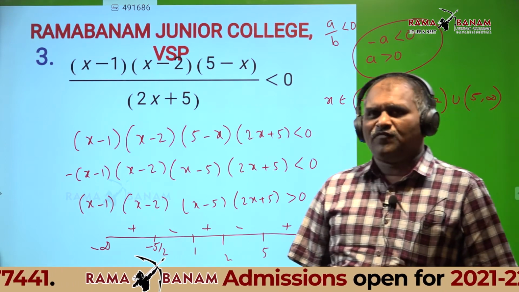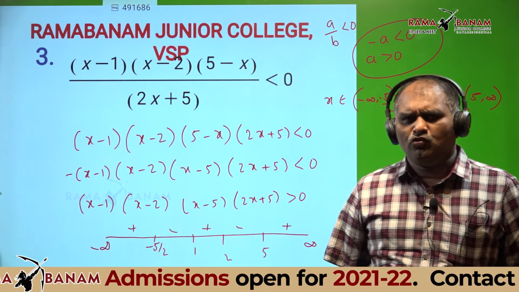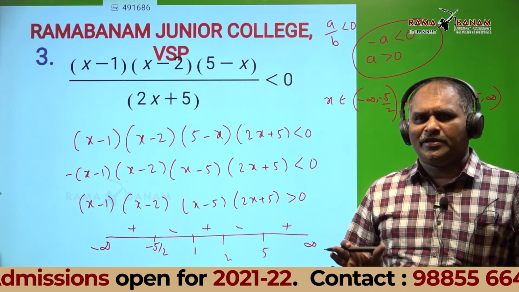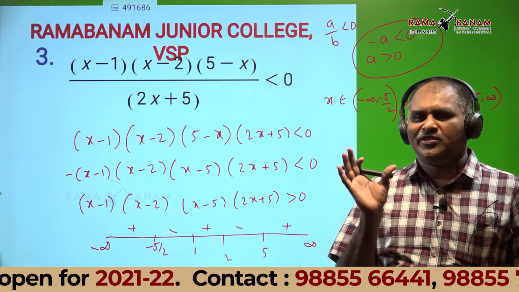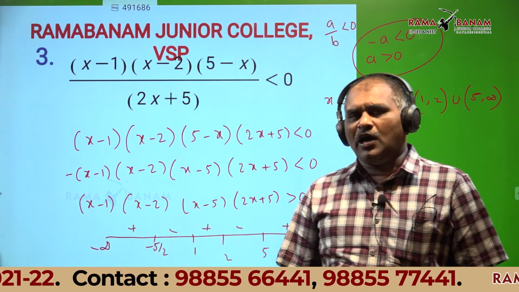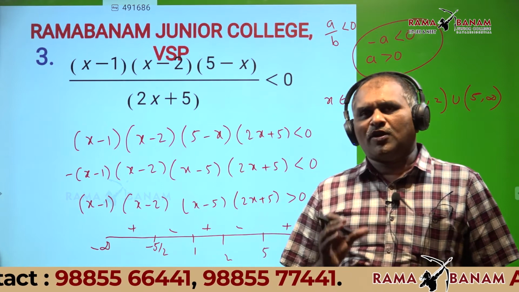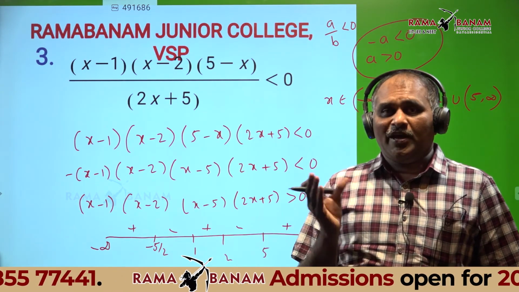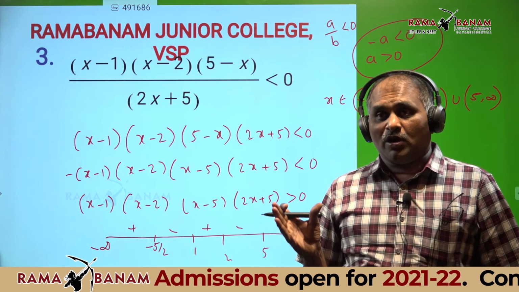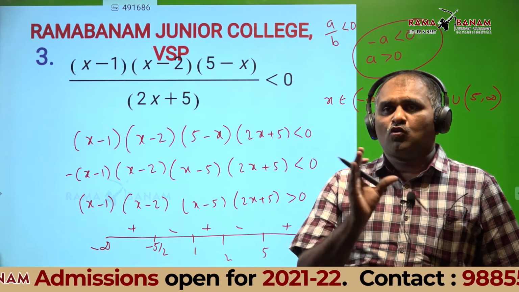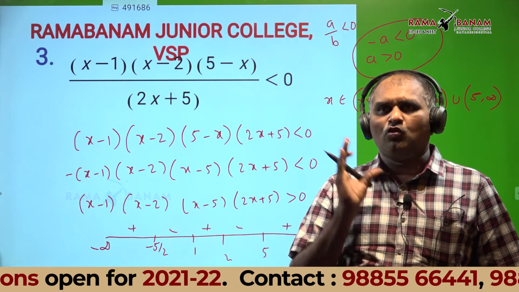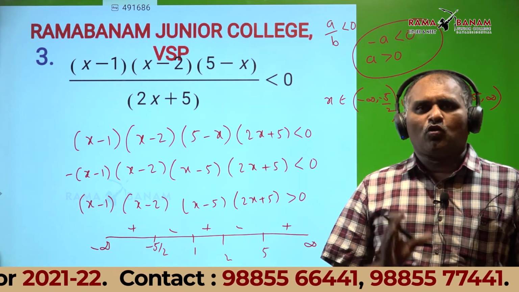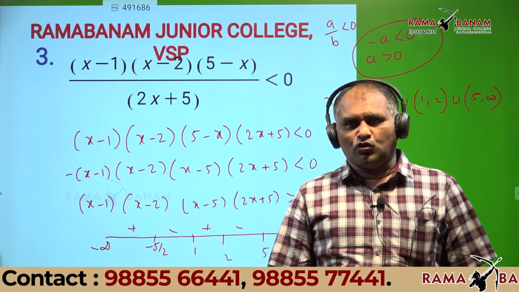Okay. Generally you know how the number line signs are represented. This is the modulus. After this one, go for quadratic. In quadratic inequalities, how do we know where the quadratic is positive and where it is negative?